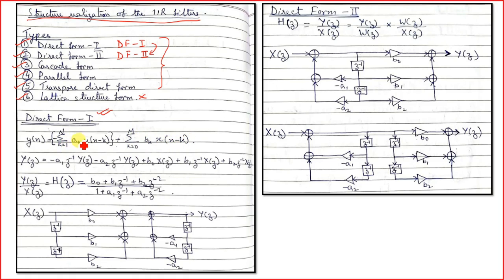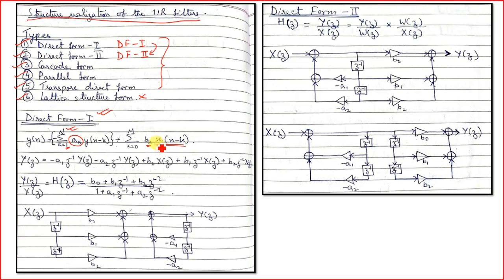So if you see over here, your a_k varies from k equals 1 to N, whereas b_k varies from 0 to M. That means b_k are the coefficients which get multiplied with the input sequence.